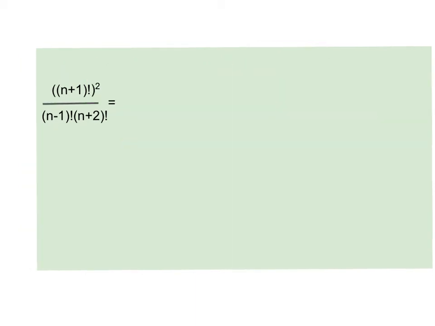Now let's simplify another expression that might be a little bit more complicated. This one I have n plus 1 factorial squared over n minus 1 factorial times n plus 2 factorial. So again, I'm just going to write this out. We would have n plus 1 times n times n minus 1 times n minus 2, and so on, until we get times 2 times 1.